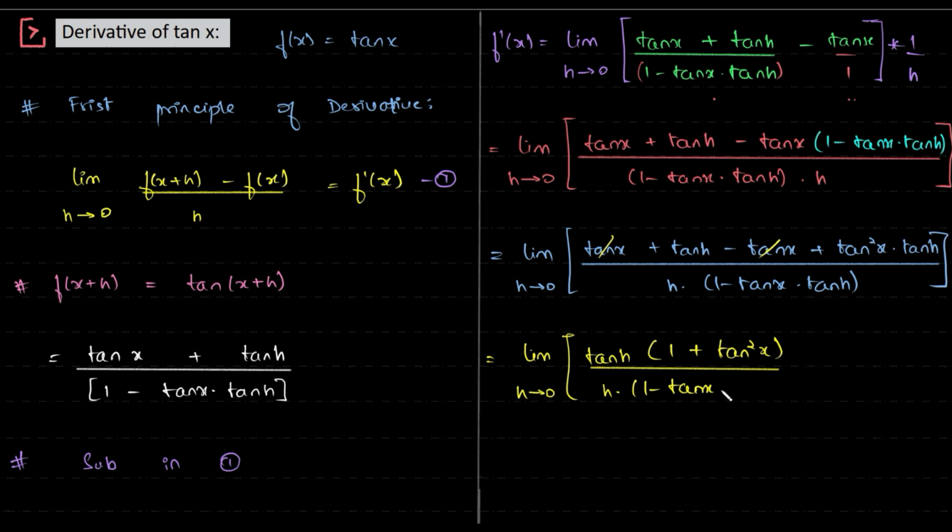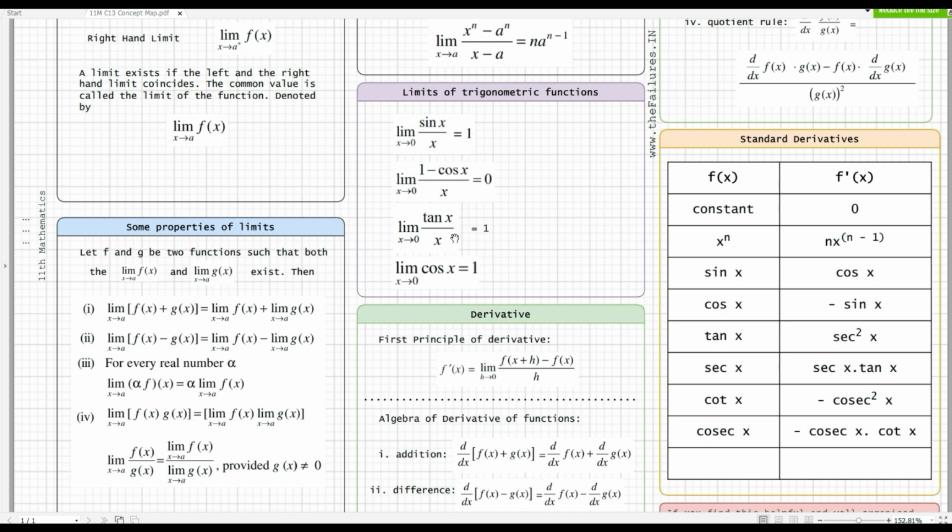So there are quite a few terms getting multiplied and divided. Now for further simplification, look at this. We have something that is related to this: tan of h divided by h. What is it? Yes, limit of tan of x divided by x, as x tends to 0, is equal to 1.